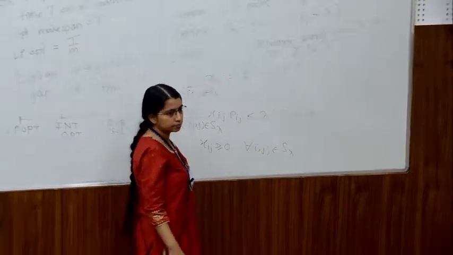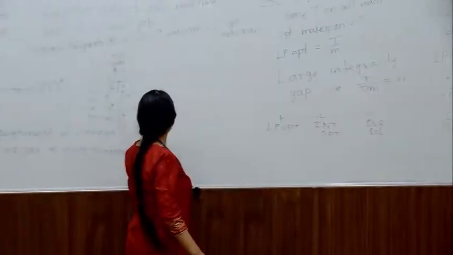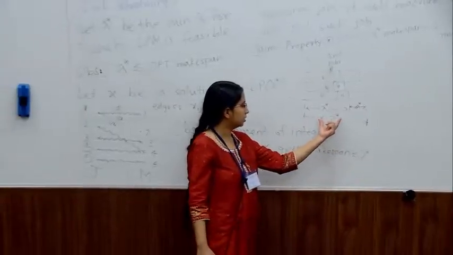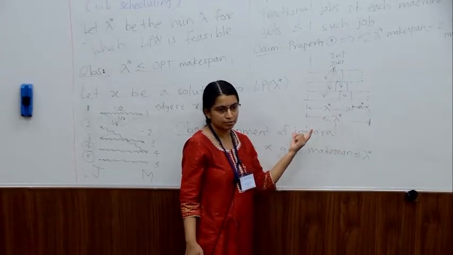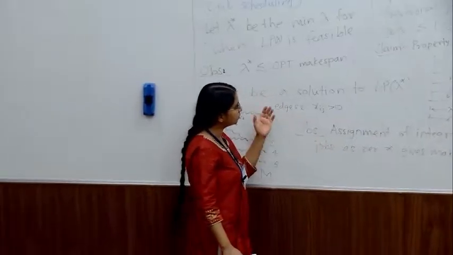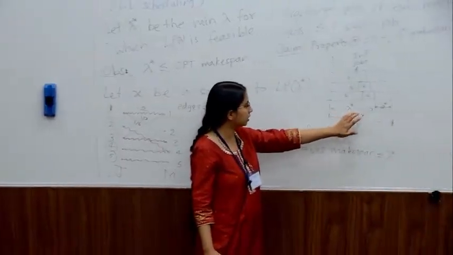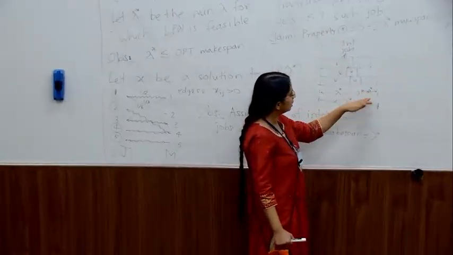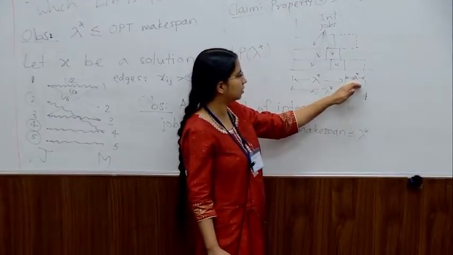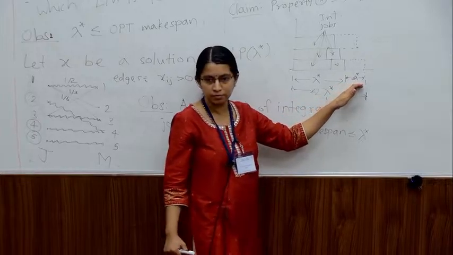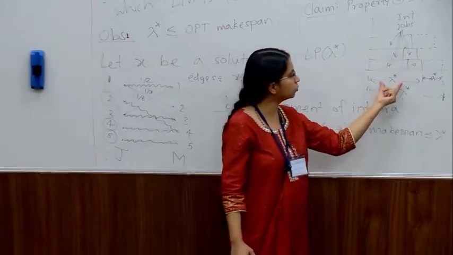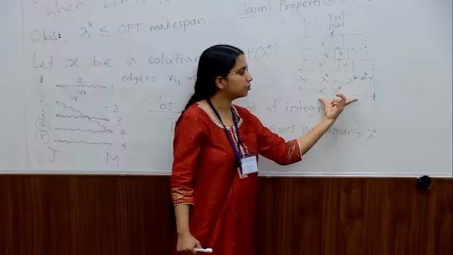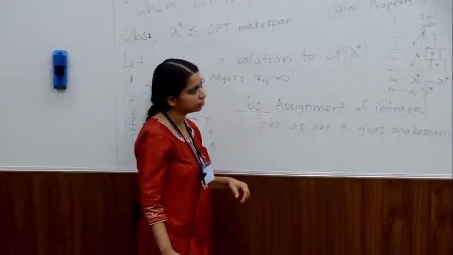But at least we currently have the promise of 2 times lambda star. So each machine gets lambda star from the integral assignment, at most one extra job from the fractional assignment, and hence at most another lambda star factor of work because of the fractional assignment. So the two together make 2 lambda star processing time, which is a 2 approximation.